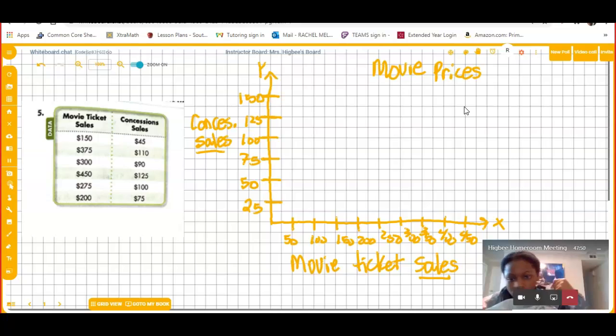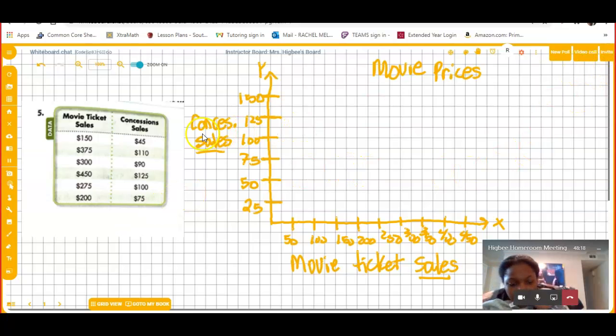Remember, nobody can see your graph except for me. So don't worry about messing up or anything. It's just between you and me. All right. So when you get in there, you will see this part already done for you. So what you need to do is take this information in the table and plot it. Are there any questions about that part?